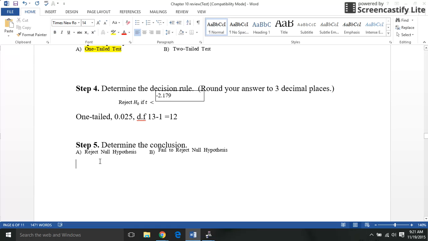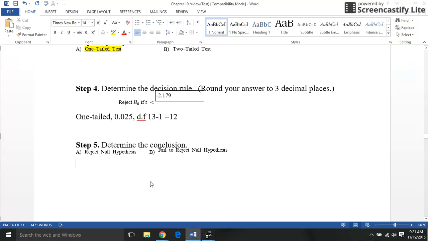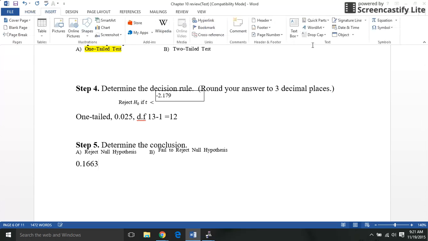All right, so I'm going to compare my p-value. My p-value is 0.1663. So 0.1663, is that less than or equal to 0.025? And that is not a true statement.